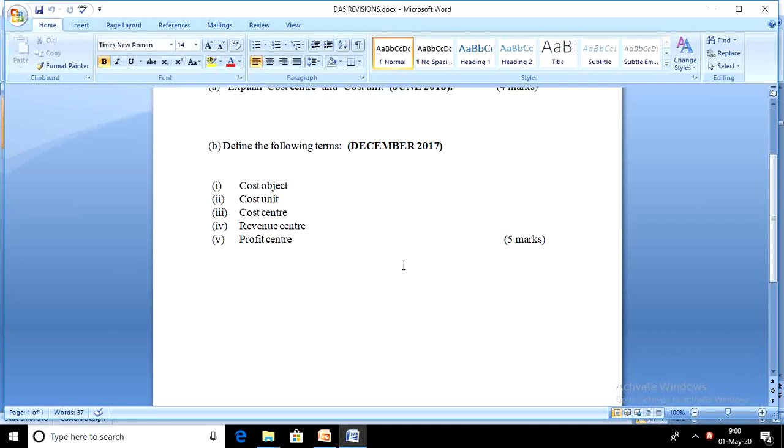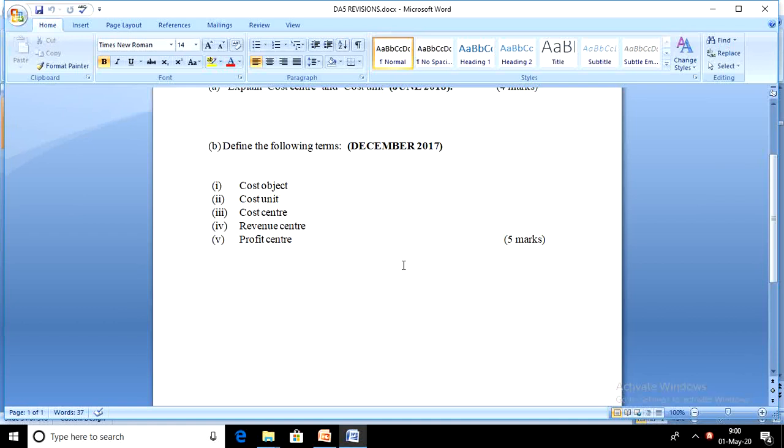A cost center is a location, person, item of equipment, or part of the department for which cost may be ascertained and used for a purpose of cost control, and the manager of a cost center is responsible for costs only.